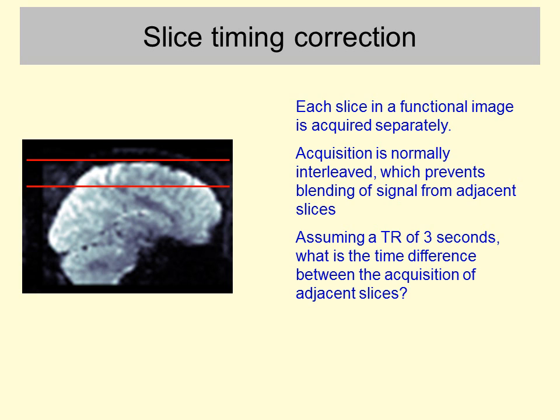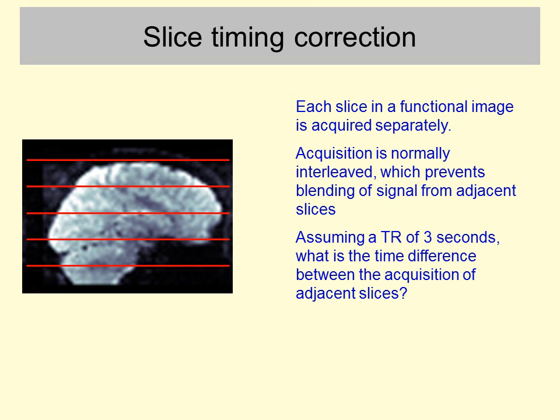And the reason they do that is to avoid something called spin history effects from causing the voxel intensity values in one slice to have some influence on those in the adjacent slice. So by allowing everything to calm down in one slice before you come back somewhere near it, you avoid that, and you end up with a pattern of acquisition like this.